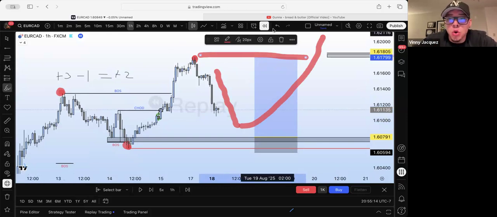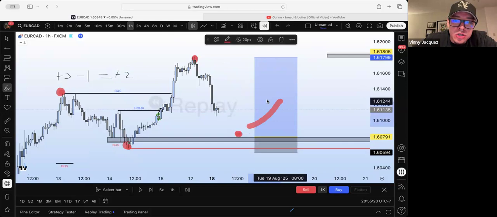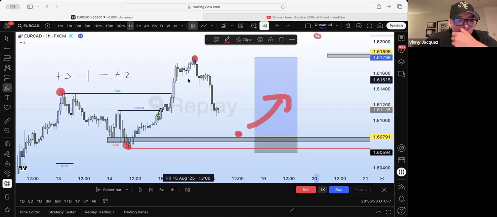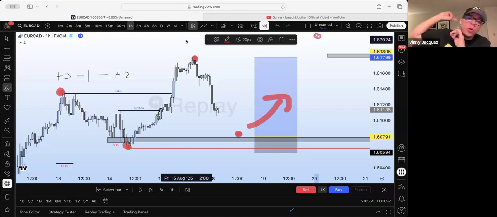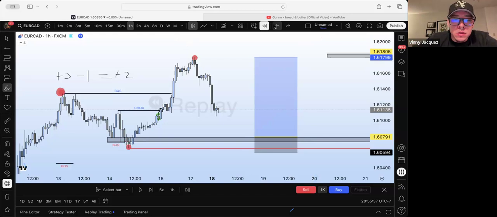So in essence, we're waiting for the market to come down, give me a higher low so we can take this trade, shoot the market up higher so we can make a higher high. Okay? It's all about foreseeing the structure on a higher time frame. If the market is telling you, yo, we are going higher, we have to follow that. We have to run that.